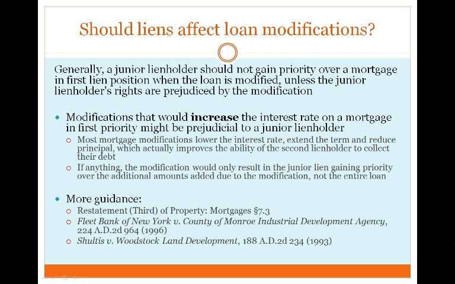And again, even if it was determined that the modification does prejudice the junior lien holder, it would only result in the junior lien gaining priority over the additional amounts added because of the modification, not the entire loan itself.